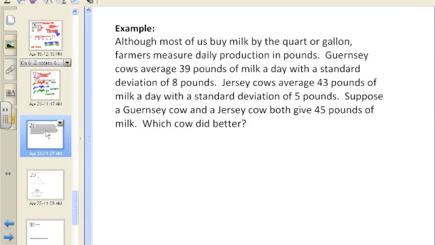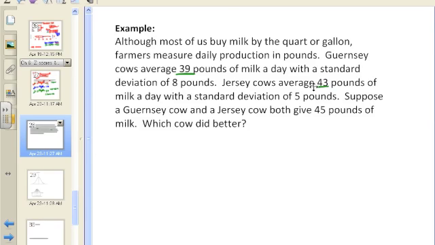Which cow did better? Well, you might be thinking, well, they both gave 45 pounds of milk. That one did not do better than the other. But as a matter of fact, they did, because the Jersey cow should be getting around 43 pounds, so he's only done 2 pounds better. The Guernsey cow usually only gets 39 pounds, so he's done 6 pounds better. So, wow, maybe we should be leaning towards the Guernsey.